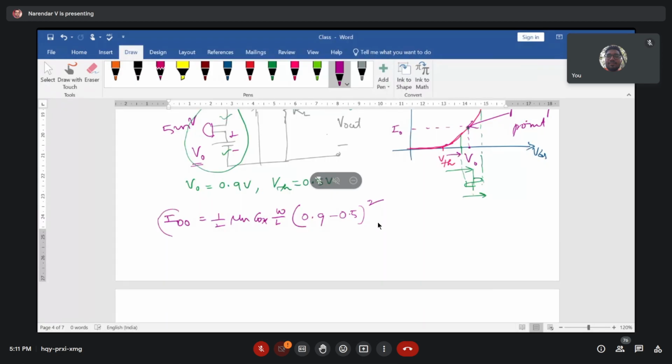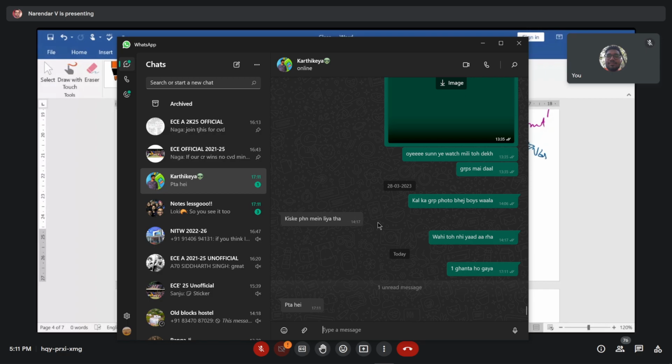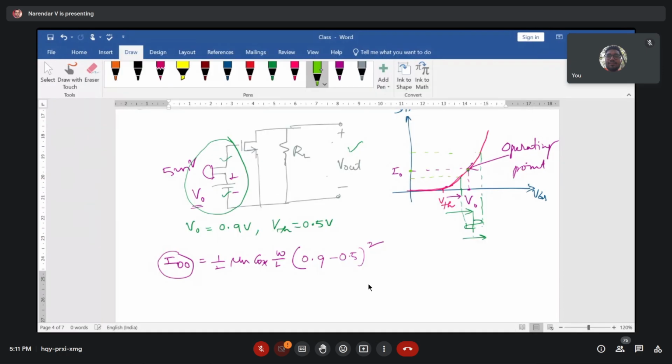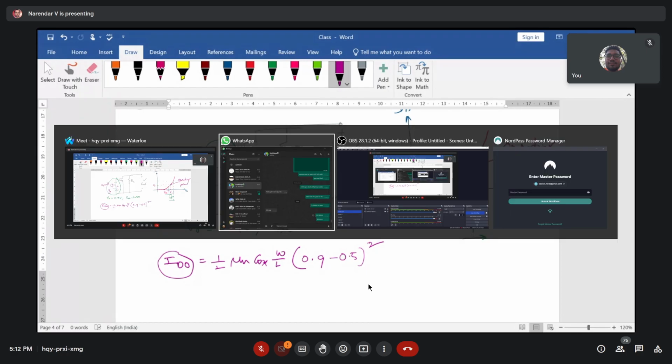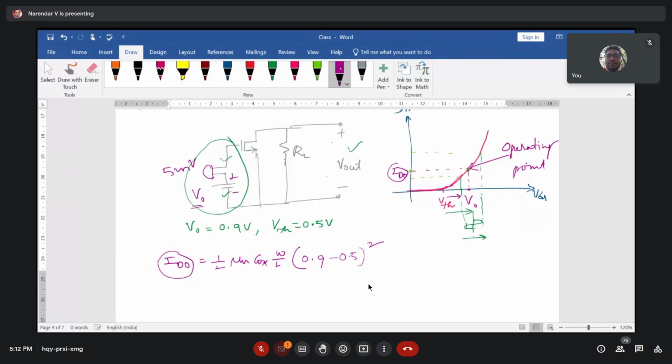This is exactly at the operating point, ID naught. Means that without applying any analog signal to that, what we are trying to estimate here is the current that is available without analog signal, right? So this is a point which indicates the ID. This is ID naught current, right? Means at this point.